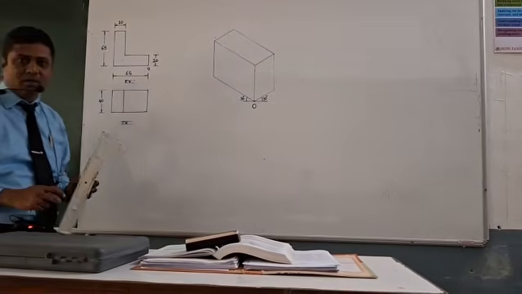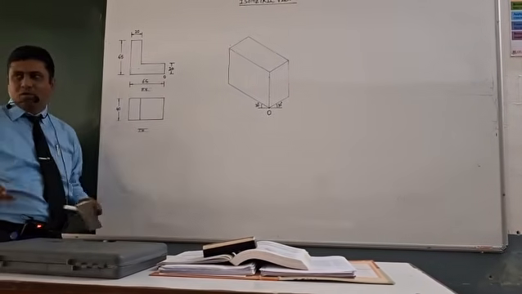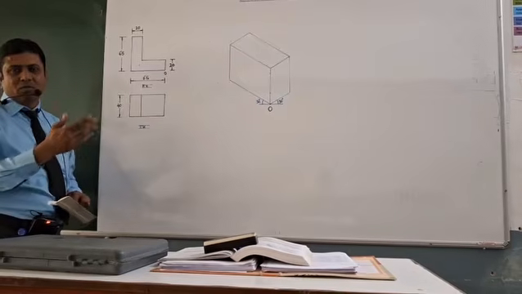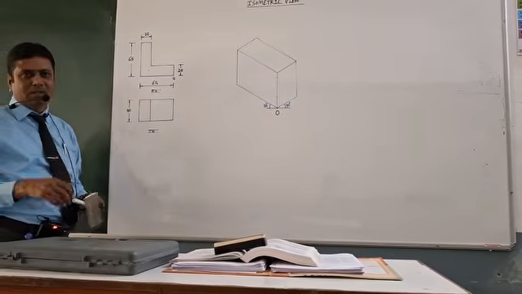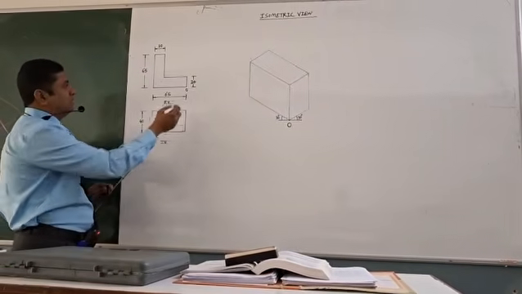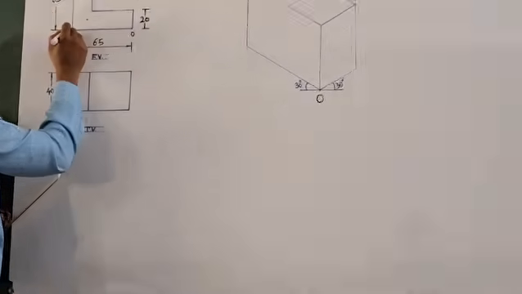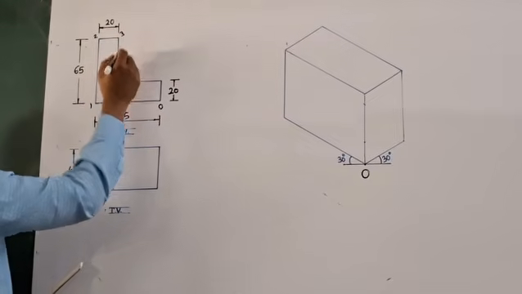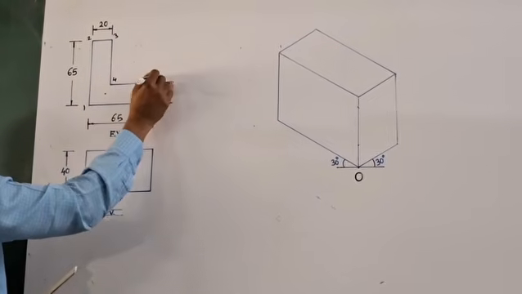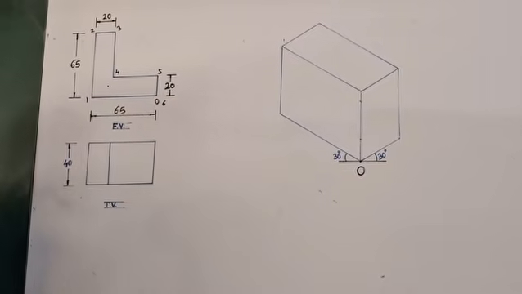Now we have to start. For understanding, you can do numbering if you want, but in the solution or in the exam, don't give numbering. This is just for understanding. So let us say this is 0, then 1, 2, 3, 4, 5, and again 6, and 4, same 0.